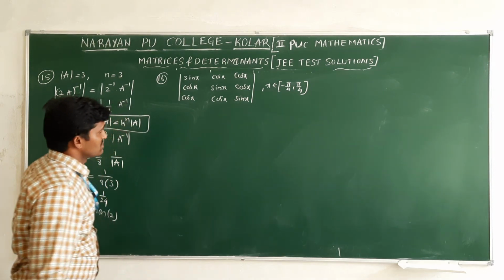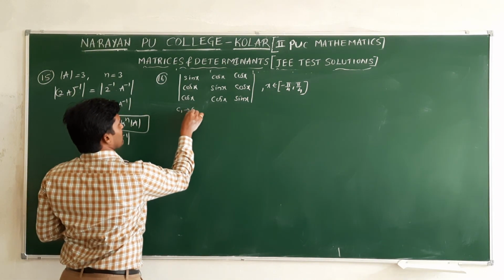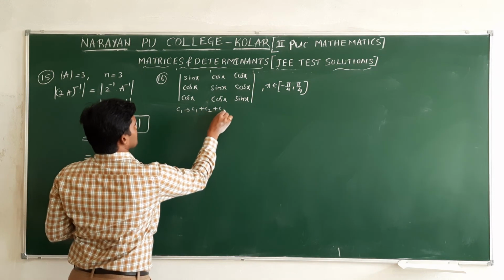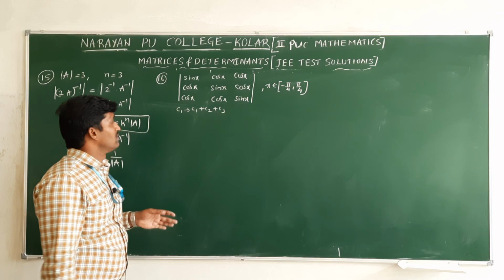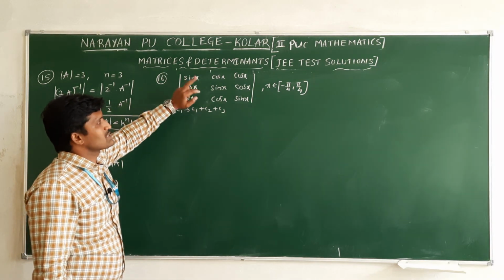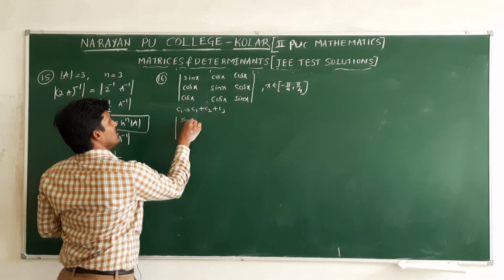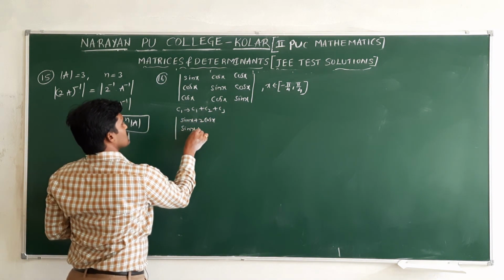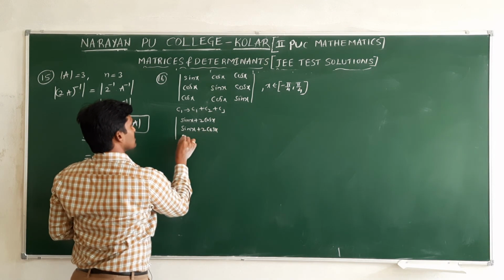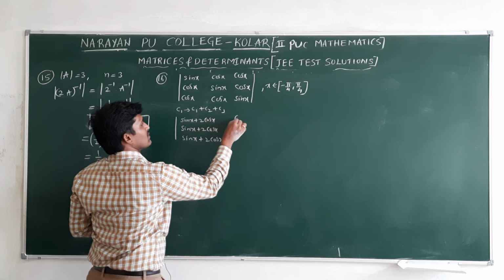At what value will it become 0? First, for ease, I will take C1 tends to C1 plus C2 plus C3, by adding all columns. In the first column, what common factor will we get? Sin x plus 2 cos x.